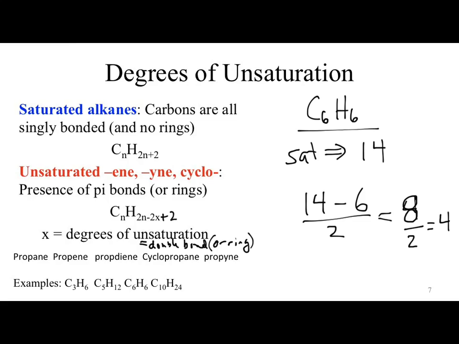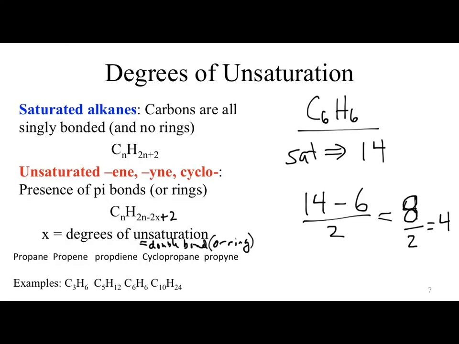It's also possible I have 3 double bonds and 1 ring, or 2 double bonds and 2 rings, or 4 rings. So it gives us some information about our structure, but it doesn't give us our structure. It allows us to eliminate and simplify some things. Does that make sense?